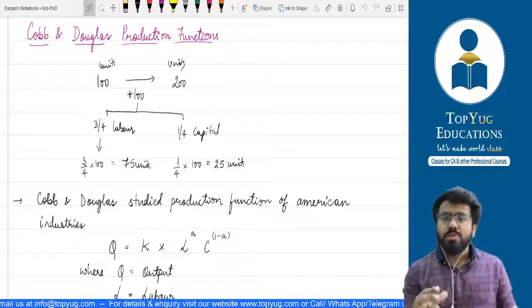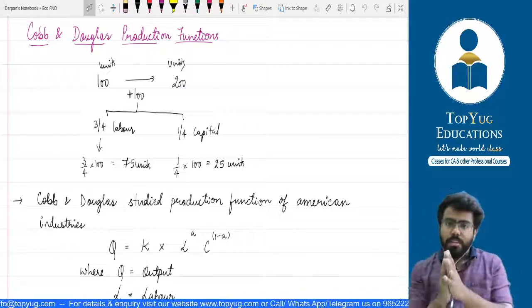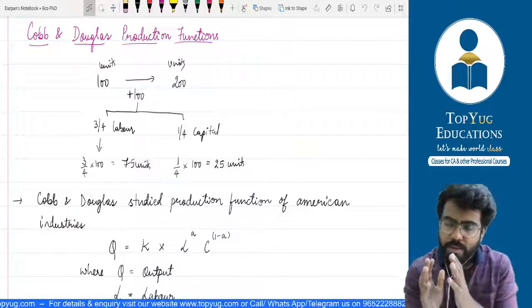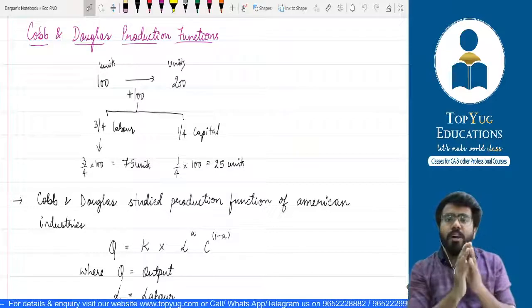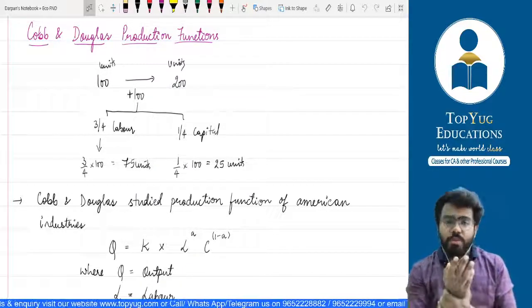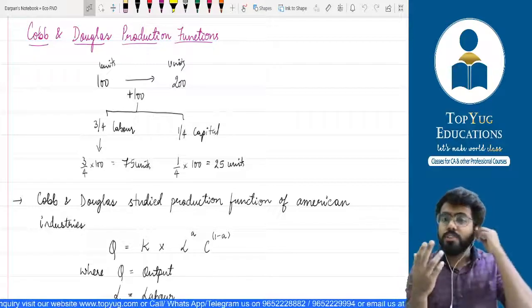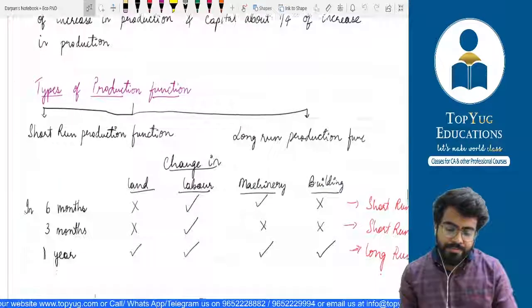Again, these guys are also summing up all the factors of production into capital and labor. Everything which relates to humans will be labor, and what is not related to humans will be capital. So capital is contributing 1/4 of the increase, labor is contributing 3/4 of the increase in production, correct?